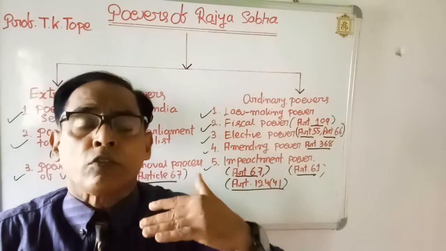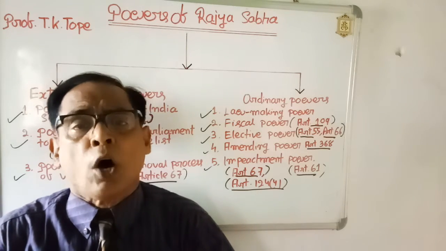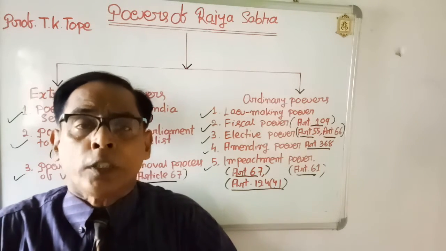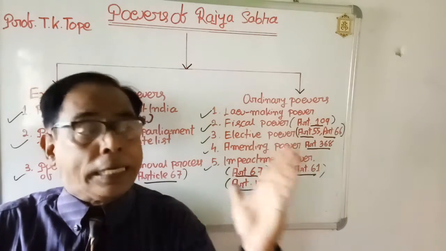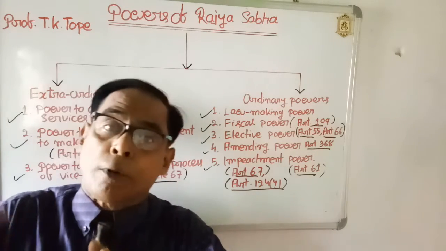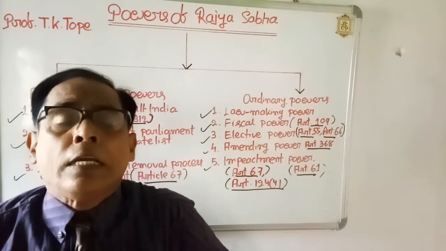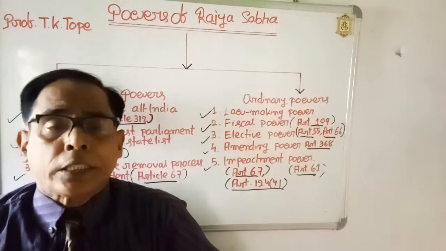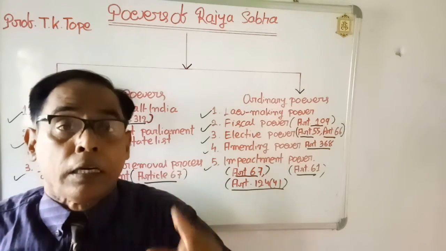So for the formulation of ordinary law, the proposal can come from either House of Parliament. It can come from the side of Lok Sabha, it can come from the side of the Rajya Sabha. So far as ordinary law making power is concerned, both the Lok Sabha and the Rajya Sabha have equal power.